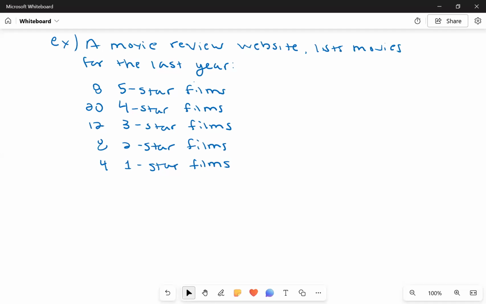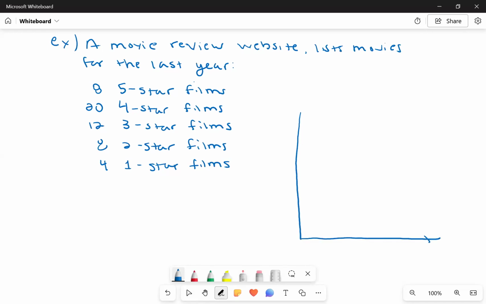Here's what I would do first. I want to create 2 axes, horizontal and vertical. On the horizontal axis, I'll label the films. And on the vertical axis, I'll label the amount for each film.